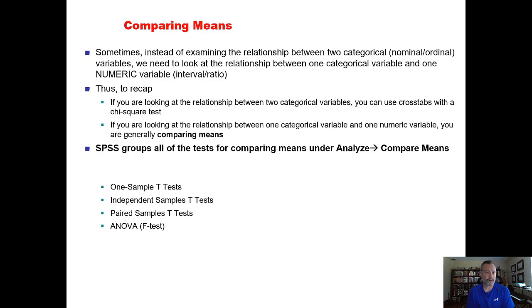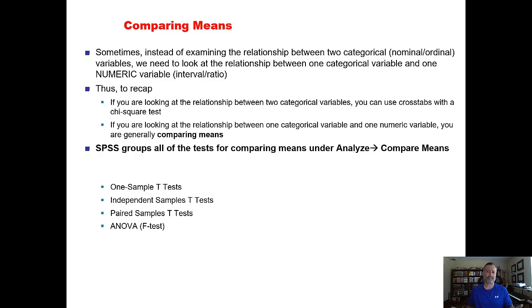But SPSS just refers to this as comparing means, because that's really what you're doing. So in this module, we're going to look at three different types of t-tests that are used to compare the means across categories of a categorical variable. And also one F-test. That's the analysis of variance. And that is actually not a t-test, that's an F-test.